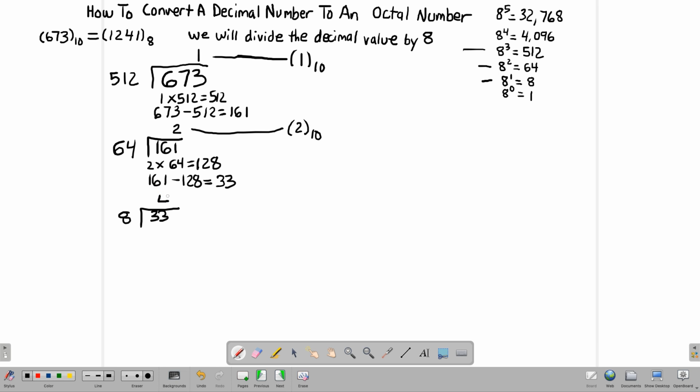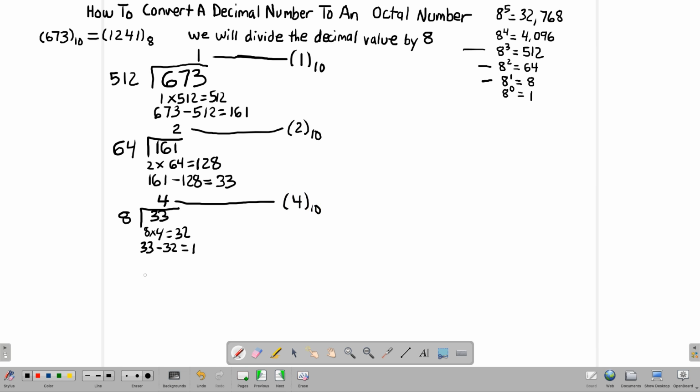So 4 goes here. We have 8 times 4 equals 32, and 33 subtract 32 gives us the value of 1. Let's keep track of our quotient. So 4 goes here.